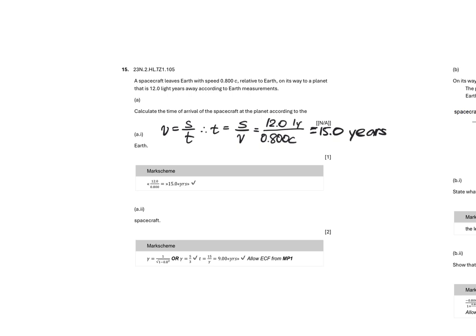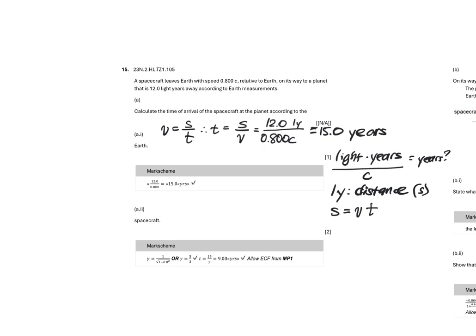Now I just wanted to comment on the units. How does light years over c give me years? In light years, the word light is actually making reference to the speed of light. And how do I know that? We know that light years measures distance, not time. And we know that as v is s over t, then s is v times t.